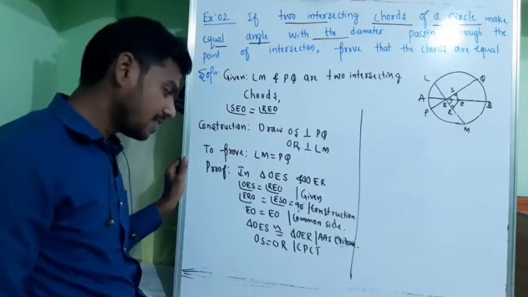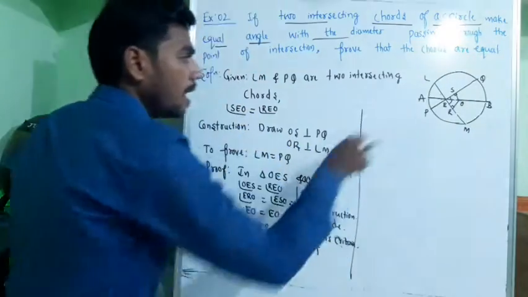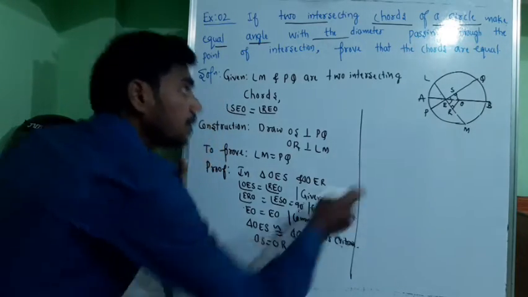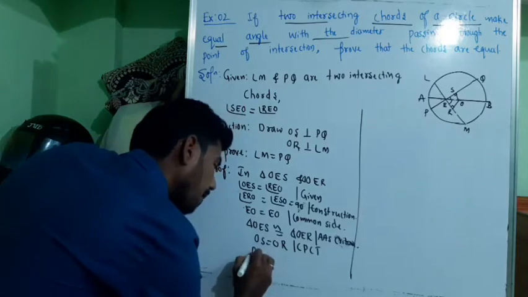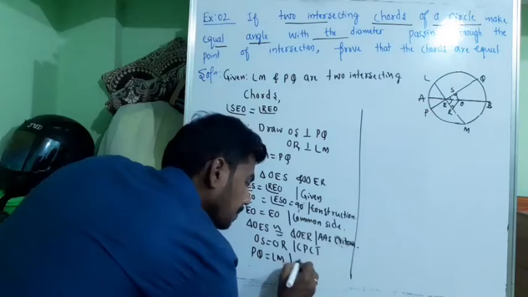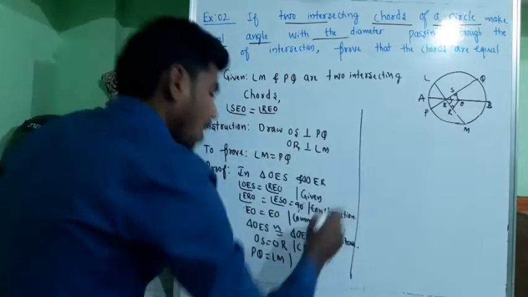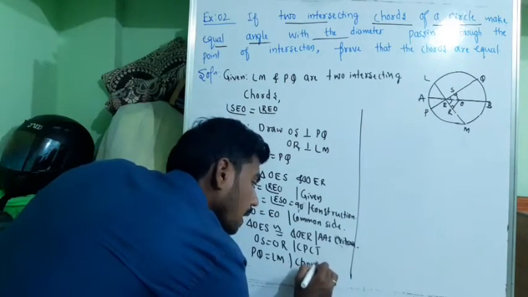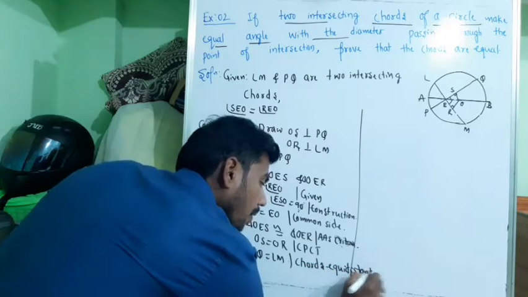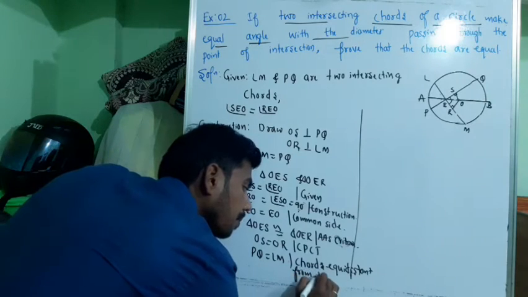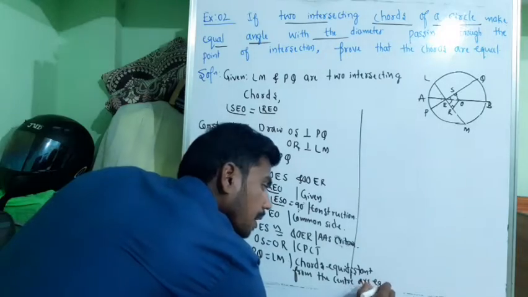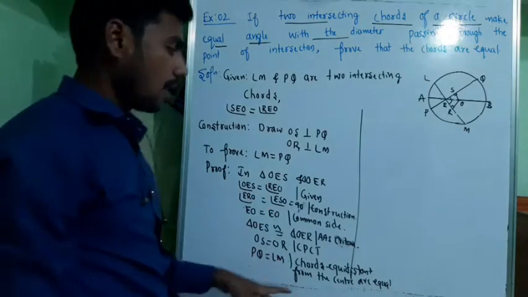So now, since OS is equal to OR, I can write PQ is equal to LM. This is because chords equidistant from the center are equal.